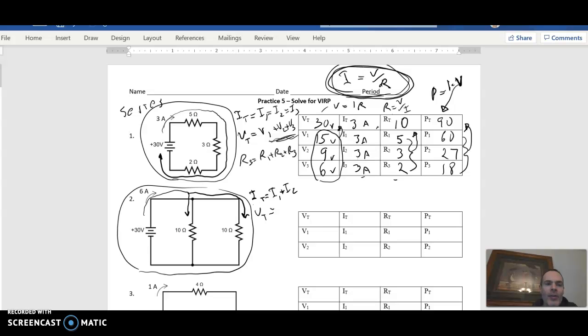And voltage is energy again, energy per charge. So if I start out with 30 volts of energy here with this battery, what does each individual electron get to do? Well, it gets to go through this wire and maybe through this first resistor to get around to that other side of the battery, or some of it goes down this way through the second resistor and back to the battery.